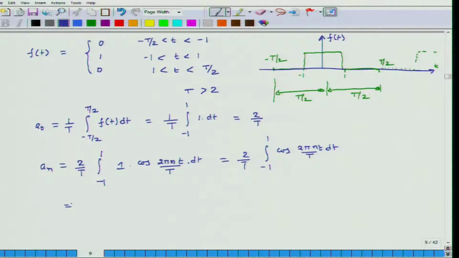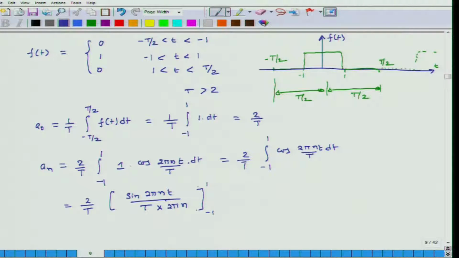Which equals 2 over T, sine 2 pi n t over T, divided by 2 pi n over T, in the limits minus 1 to 1.